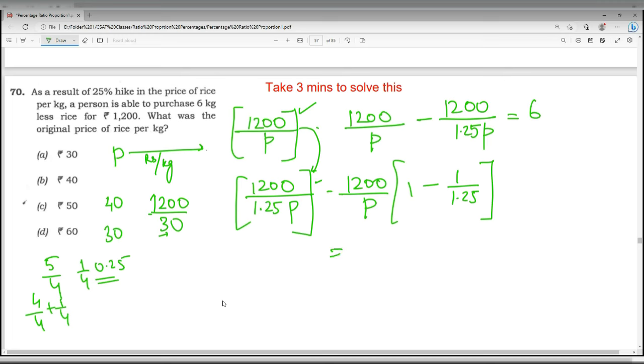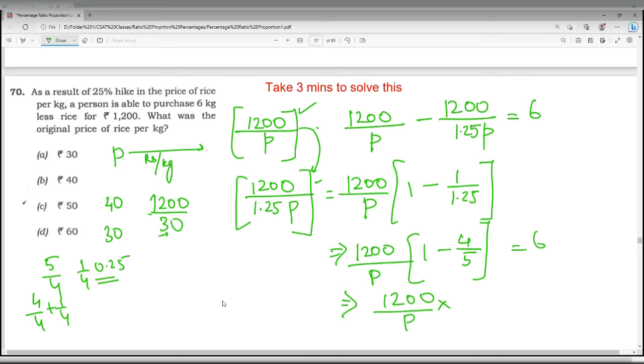So what I can do here is 1200 by P into 1 minus 4 by 5, because it is 5 by 4, and 4 will go to numerator. This is equal to 6, which implies 5 minus 4 by 5, so 1200 by P into 1 by 5 is equal to 6.